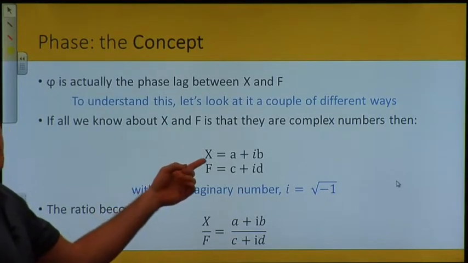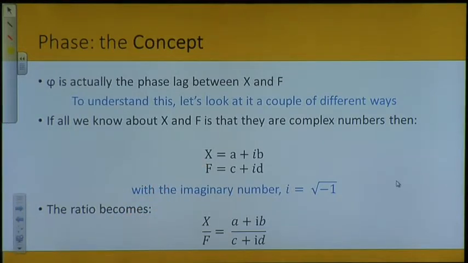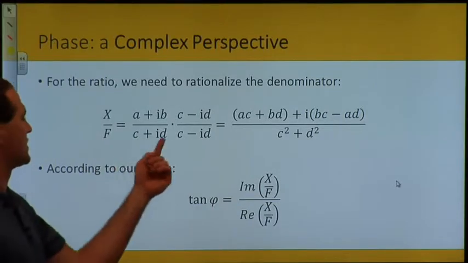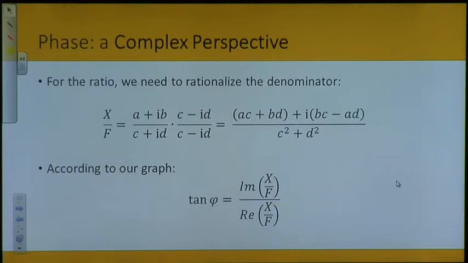Here I've written X as A plus iB, i being the imaginary number, so A is the real component, B is the imaginary component, and F also in component form with the coefficients C and D. If I were to take this ratio, I simply get A plus iB over C plus iD. Now if I have a ratio like this, I need to rationalize the denominator because of the imaginary component.